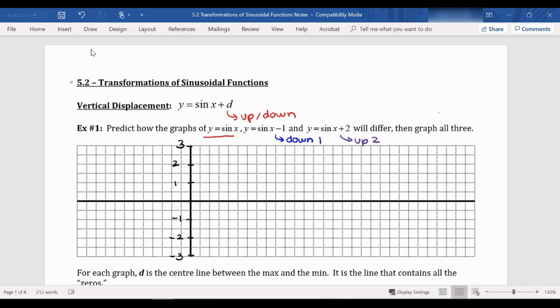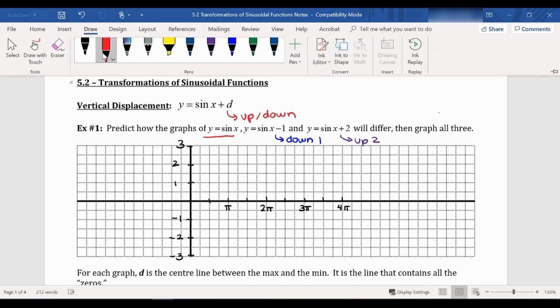So I'm going to make 8 boxes be 2 pi. Pi would go in the middle. And if I did another 8, this would be 4 pi with 3 pi in the middle. Again, as long as your 2 pi can be divided by 4, you're good. So I could have done 12 boxes or 16, and that would have worked as well.